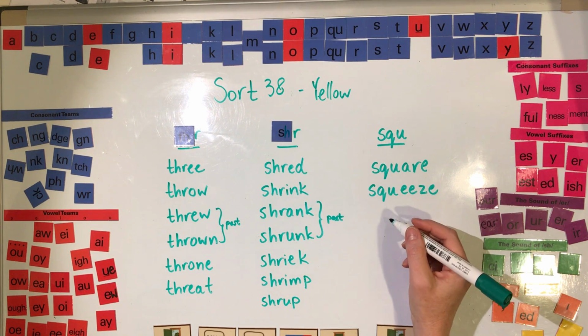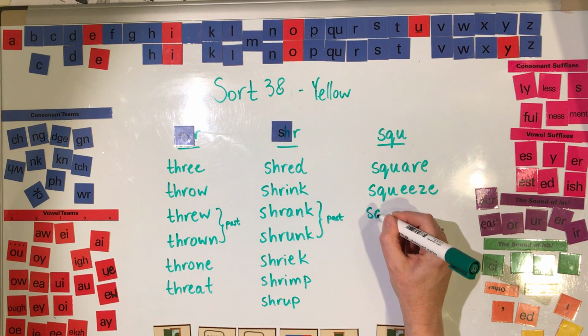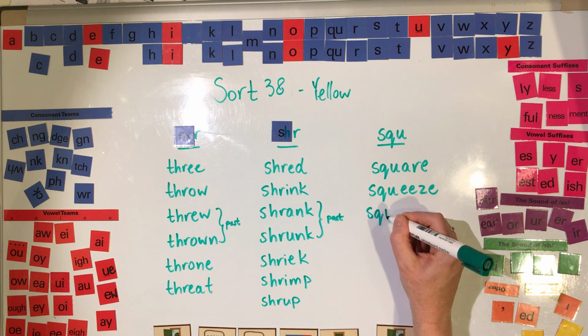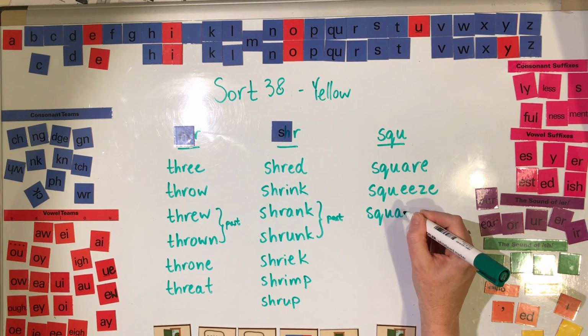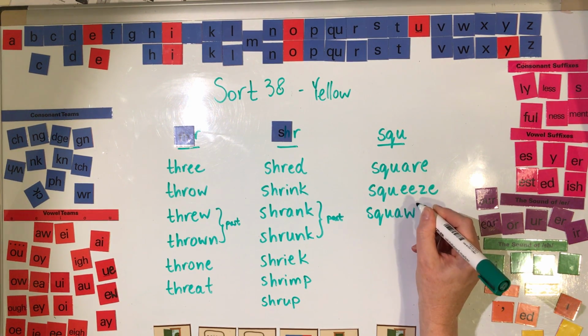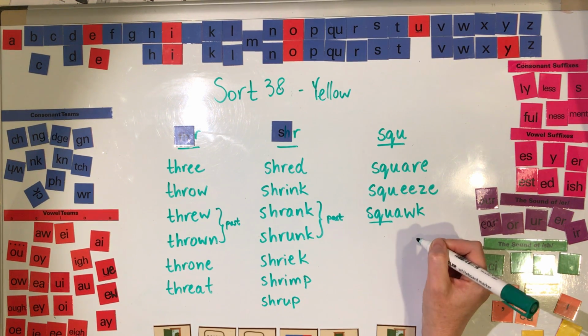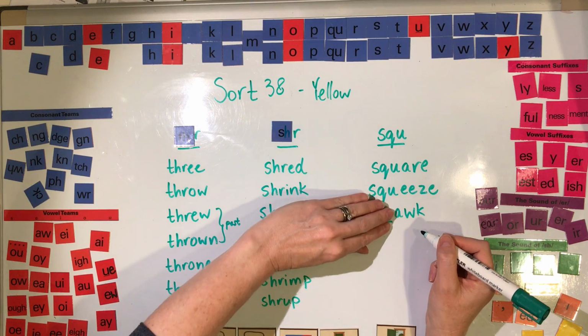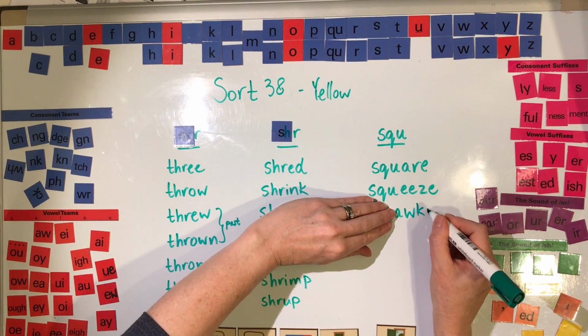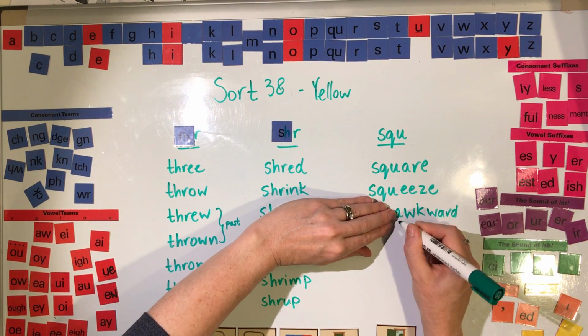Okay, we've got square, squeeze. What about the word squawk? Squawk, squawk. So we've got the 3-letter blend here, and then we've got awk. That is the word that starts the word awkward. So you can see we've got awkward.